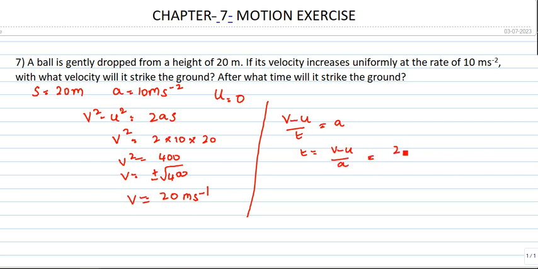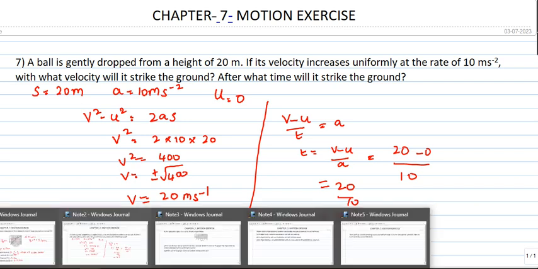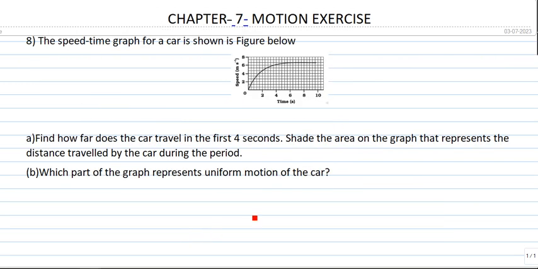We found out v just now. v minus 0 by a, which is 10. So we have 20 by 10, which is 2 seconds. The time the ball takes to reach the ground is 2 seconds. So this is the 7th question. We'll go to the 8th question.